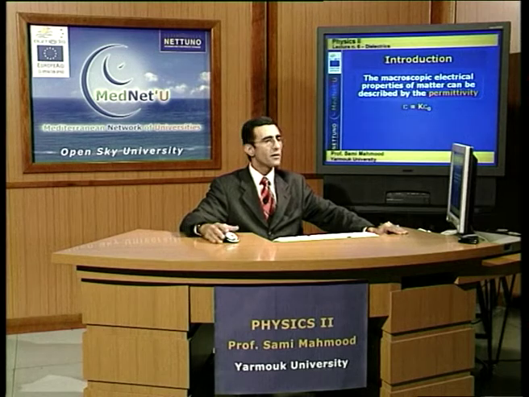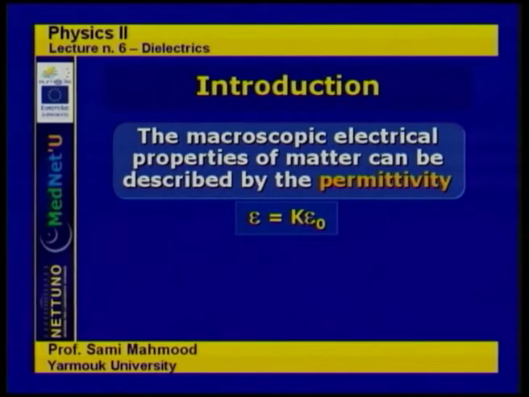This can be seen from the previous definition, C prime over C, and if we use the simple case of a parallel plate capacitor and use the definitions of C prime and C, and use epsilon instead of epsilon naught when we have a dielectric in between the plates, we notice that this also defines the dielectric constant K equal to epsilon over epsilon naught, where epsilon is the permittivity of the material and epsilon naught is the permittivity of free space.